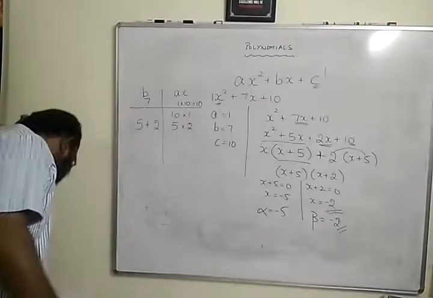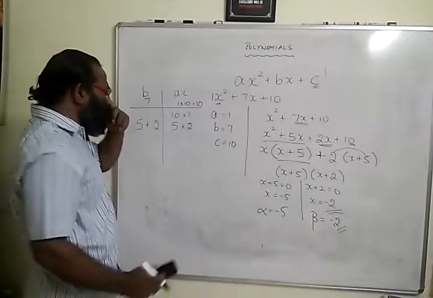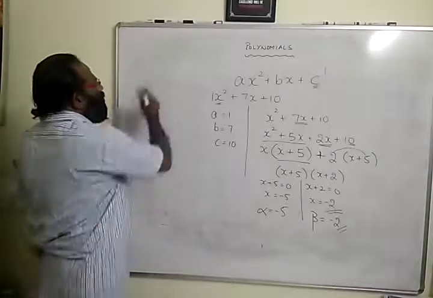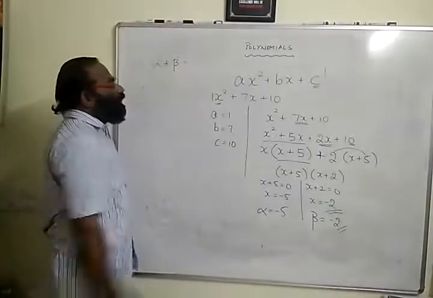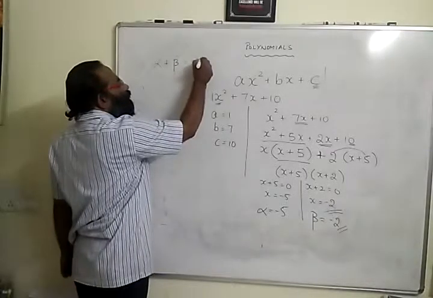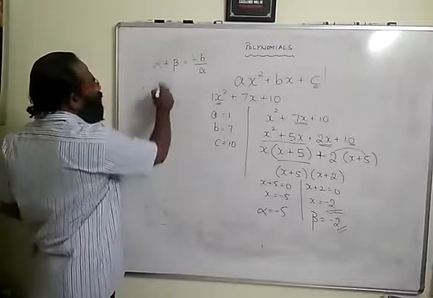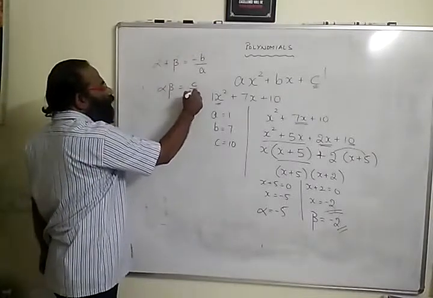They have asked us that we should verify the relationship between the coefficients and the zeros. So what is the relationship? Alpha plus beta is equal to minus b by a. And the other relationship we need to verify is alpha beta is equal to c by a.